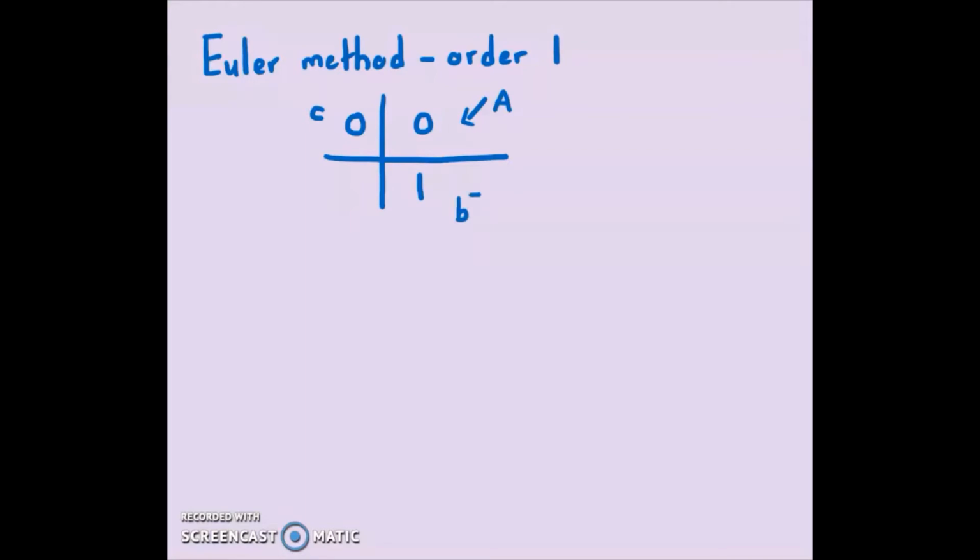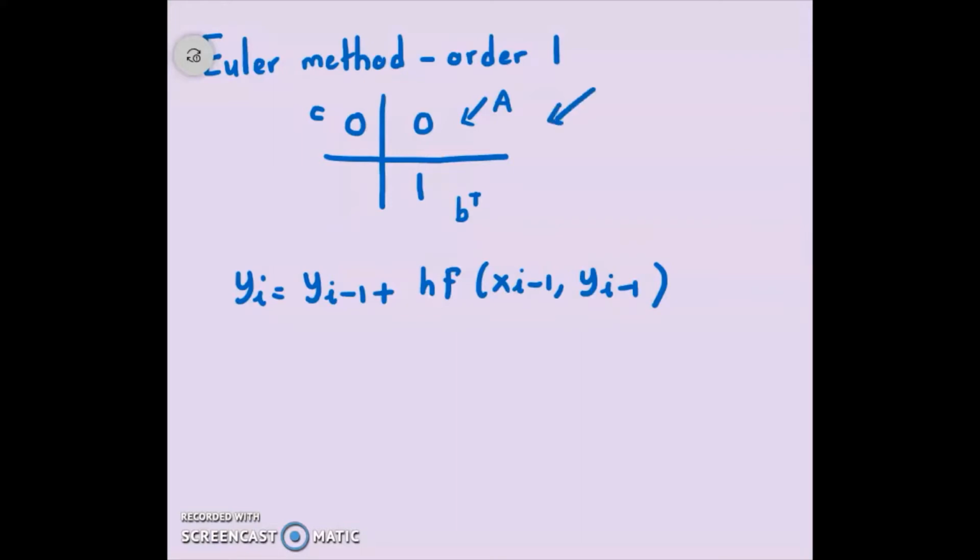This is my b transpose. So if you have y_i equals y_{i-1} plus h f of x_{i-1}, y_{i-1}, my A depends on anything that comes before my f. The coefficient, the multiplication from h and f, is where my A is. But it has to refer to the big Y, which is my internal stages.